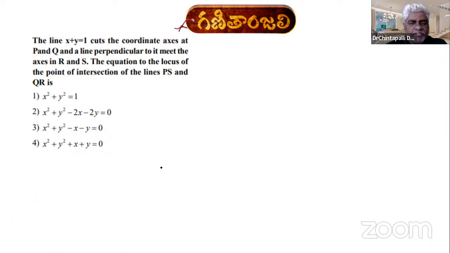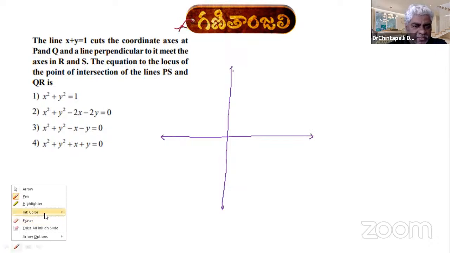See, students, it is the x-axis. It is the y-axis. Now there is a line. The line x plus y equal to 1.